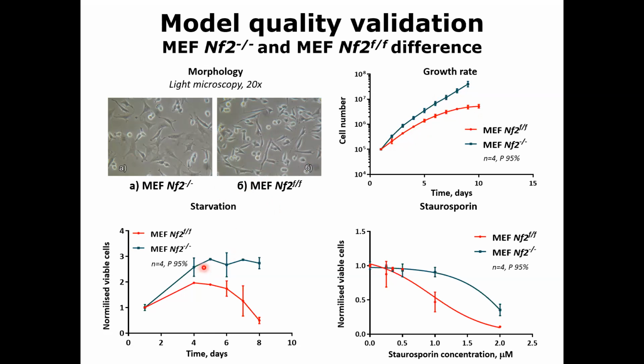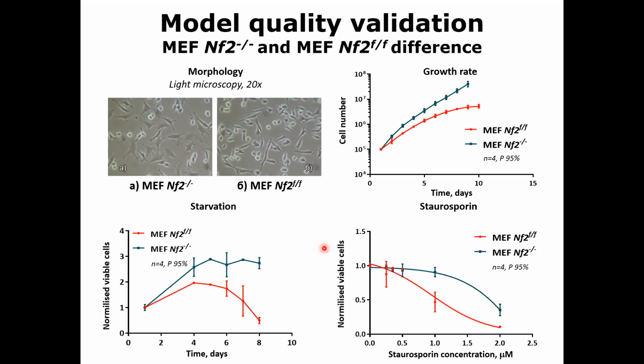They are resistant to medium starvation, and they are also resistant to certain poisons. And this one is a pan-kinase inhibitor, staurosporin. These cells are generally more aggressive and resistant to alterating impacts.